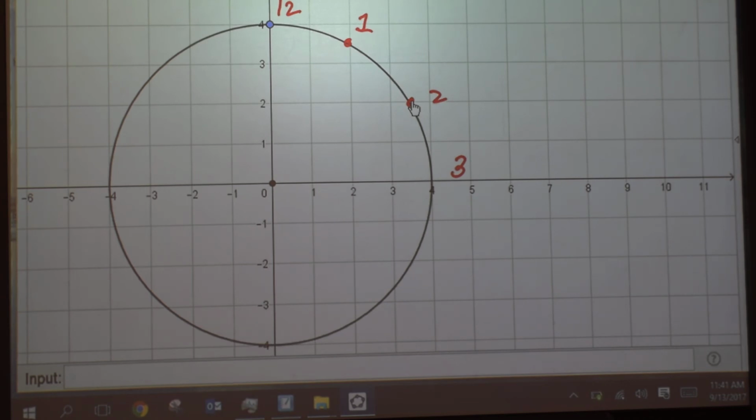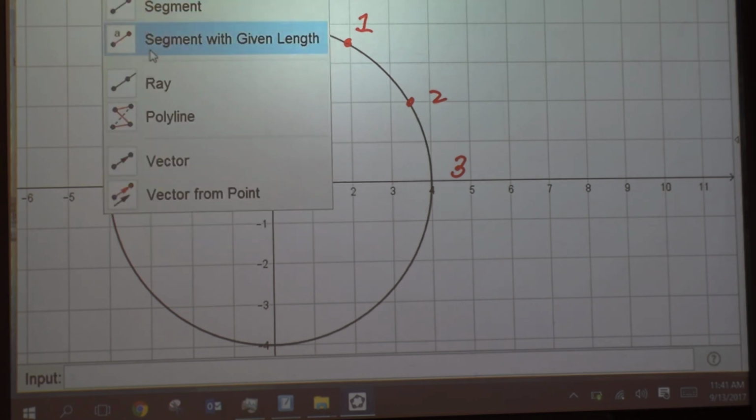And what about from 2 to 3? 60. So between any two consecutive hours, the number of minutes should be the same, right? So the number of times that minute hand moves should be the same. So what we're trying to say here is between any two consecutive hours, the rotation of your minute hand should be the same.